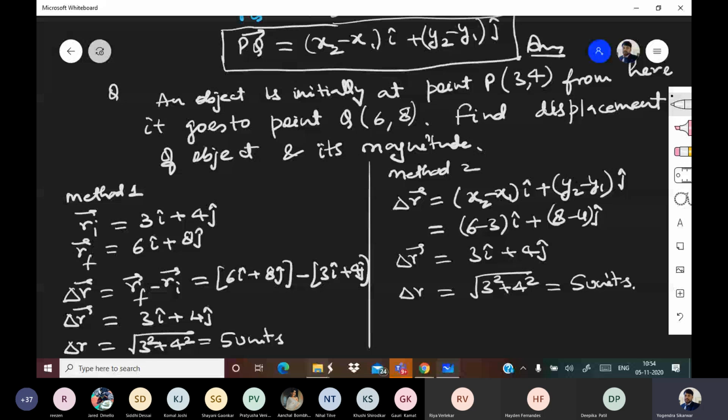So displacement, the shortest distance between any 2 points, is called displacement.